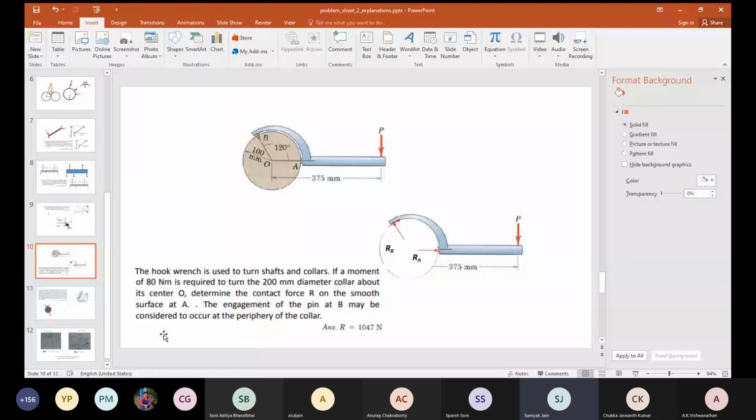Sir, can you please explain why there will be tangential force at B? Because if you look carefully, there is a pin which is going inside the structure. Try to imagine the free body diagram of this pin.